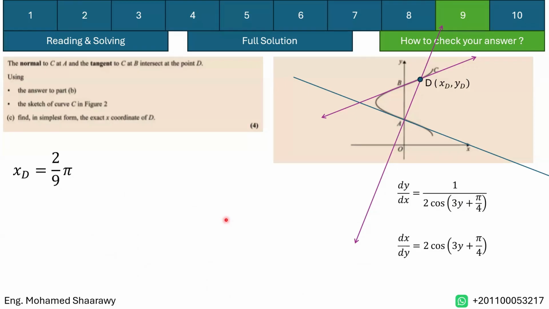There are many ways to check whether this answer is right or wrong, but one of them is that you check if this point lies on a line whose gradient, or the negative reciprocal of its gradient, is negative half. That's one of the ways to check whether this point is correct or not.